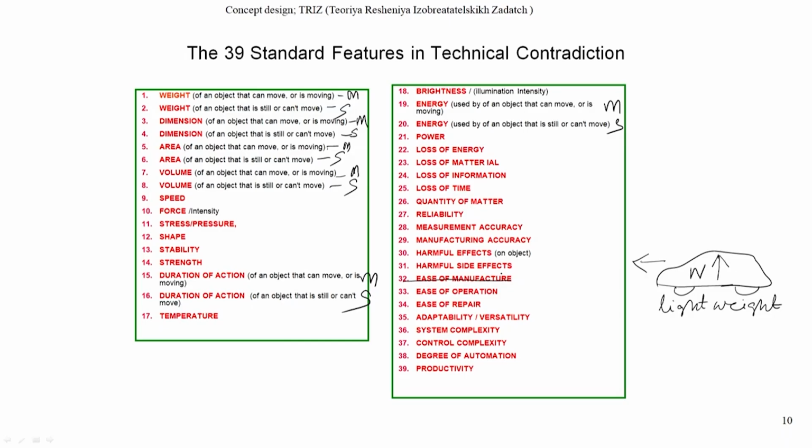You have to think of different techniques, and then if you want to take care of that, the cost will increase. So, this is just one example where number 1 and number 32 are in contradiction. That is a technical contradiction.